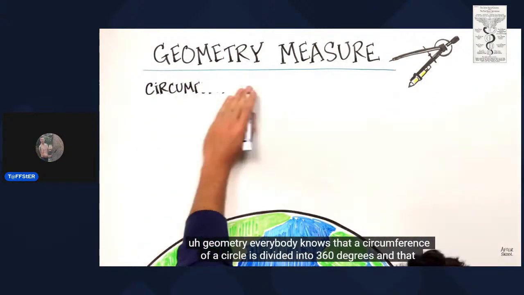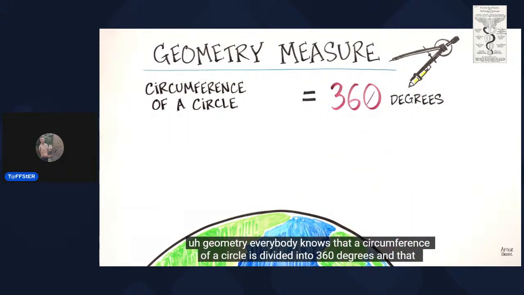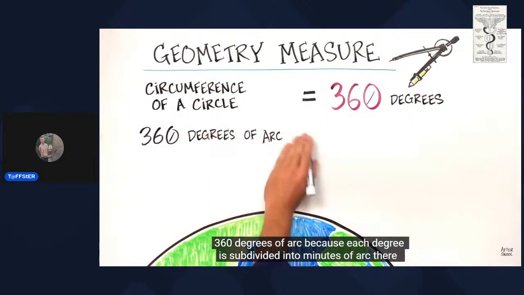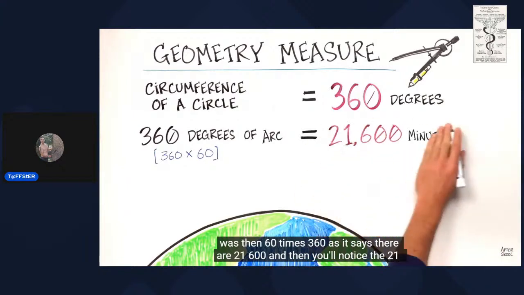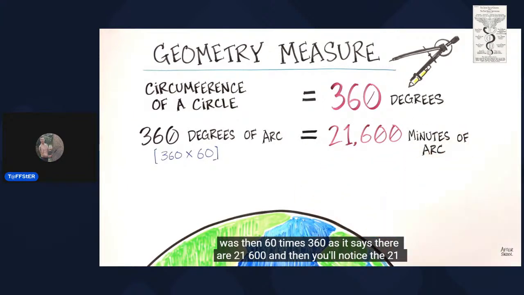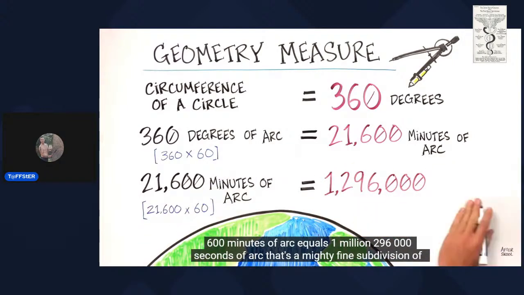Geometry: everybody knows that the circumference of a circle is divided into 360 degrees, and each degree is subdivided into minutes of arc. There are then 60 times 360, as it says there, 21,600 minutes of arc, which equals 1,296,000 seconds of arc.